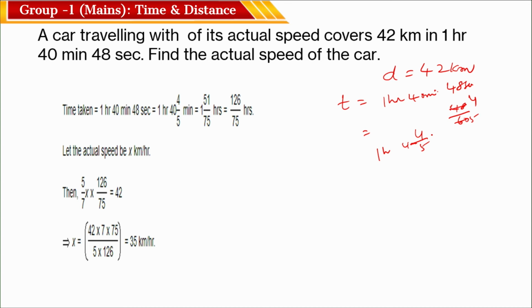So it is 40 and 4 by 5. How much is it? 5 4s are 20, 24 by 5. 1 hour 24 by 5 minutes.